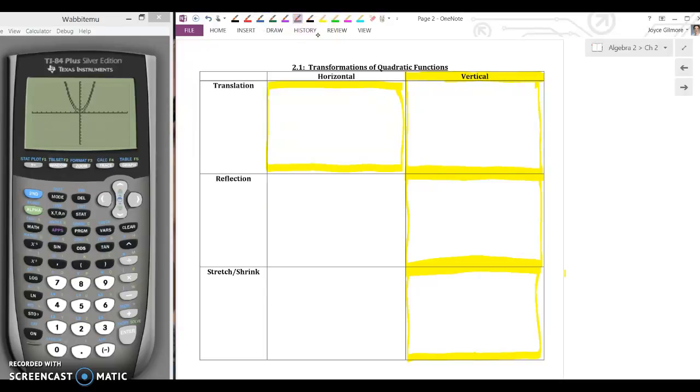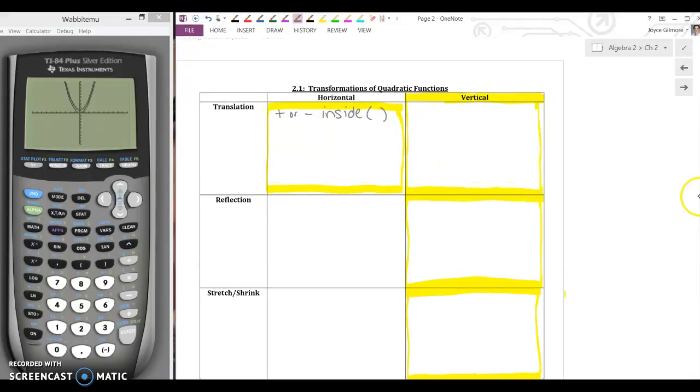A horizontal translation. You already saw this. A horizontal translation is adding or subtracting inside the parentheses. And up at the top of the page, I would suggest you write this formula.